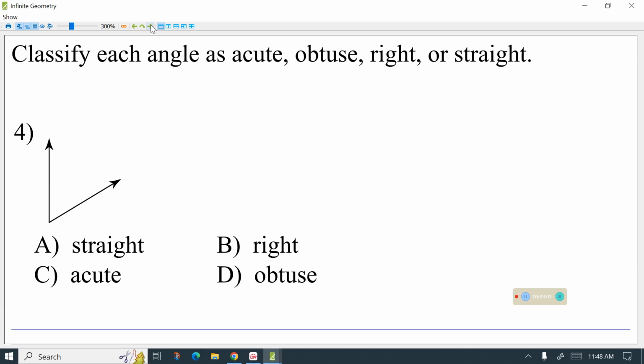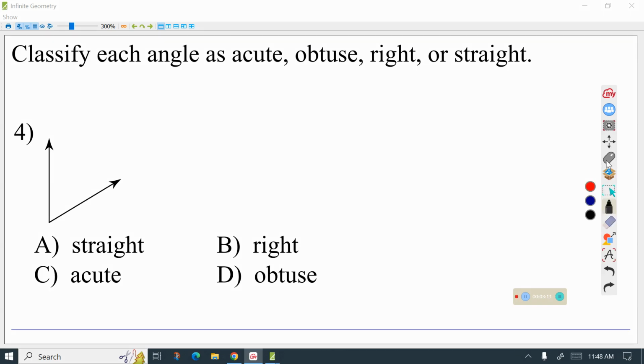Okay? Then we want to understand what the difference is, right? So acute angles are angles that are less than 90, and obtuse angles are greater than 90, okay? So we'll just go write that down and make sure that you guys can understand, right? Acute, okay, less than 90, right? That's what acute means, okay?